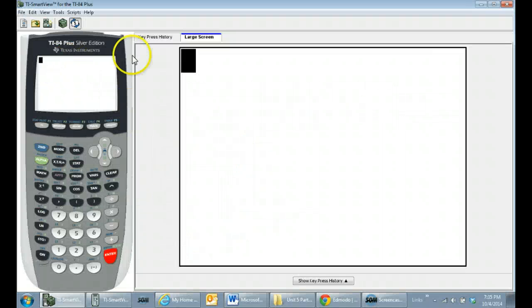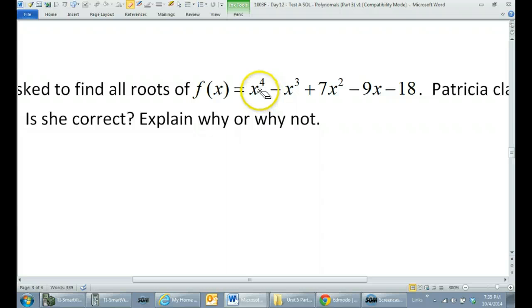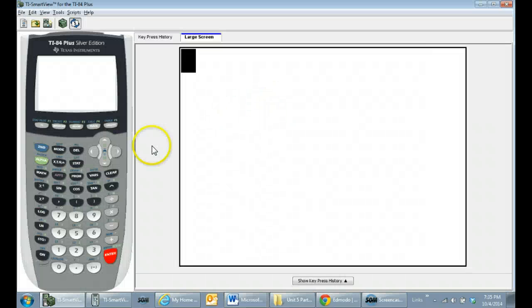Alright, I'm going to use the graphing calculator for this job instead of the TI-30 that I love, because I need to look at the graph. So, looking back at our function here, x to the 4th power minus x to the 3rd power plus 7x squared minus 9x minus 18.